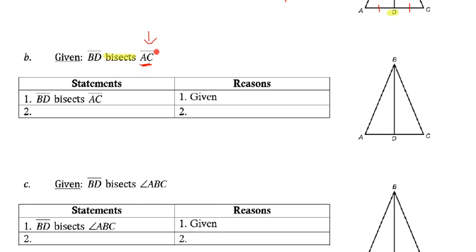If we're talking about bisecting a segment, as in this case, we're bisecting segment AC, we are talking about cutting the segment into two equal parts.